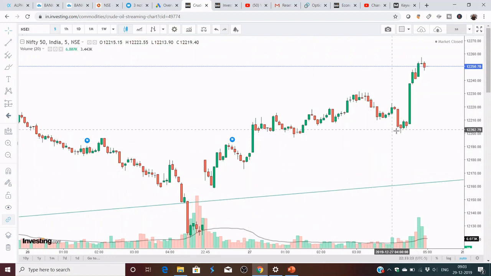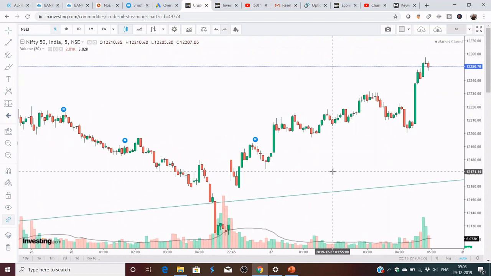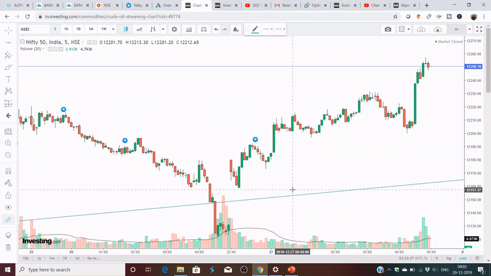So here we will mark the lows, which will be helpful for us in the coming days. What I'm going to do now is mark a horizontal line on these lows.